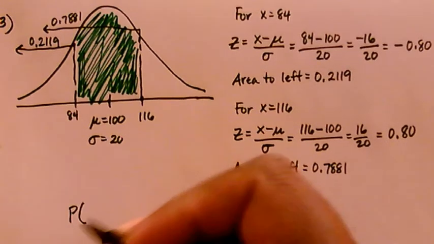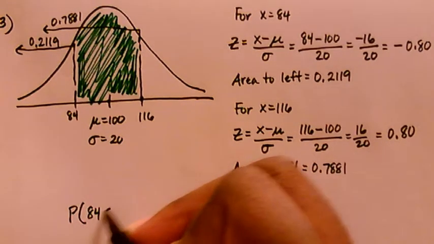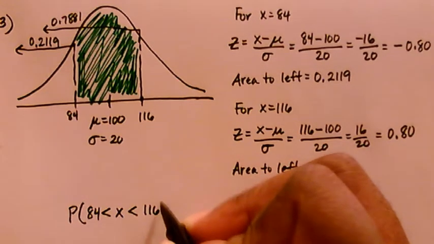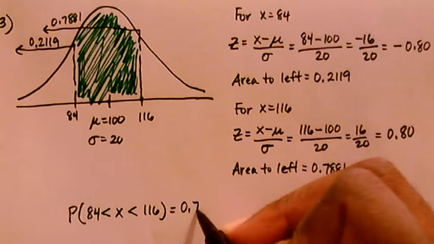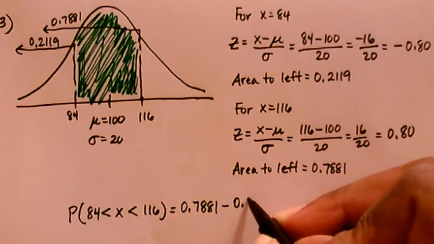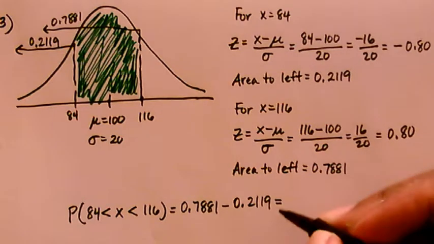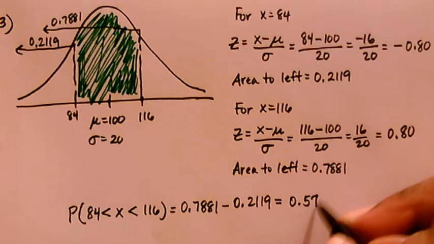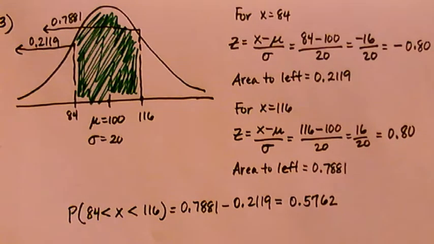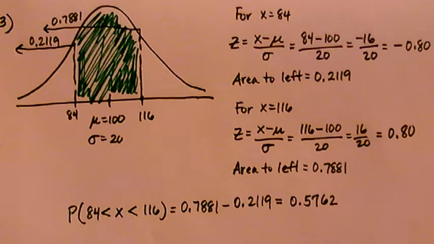So the probability that your x value is between 84 and 116 will be 0.7881 minus 0.2119, and you'll end up with 0.5762. That represents the probability that a randomly selected adult has an IQ between 84 and 116, which is 0.5762. So that represents problem number 3.